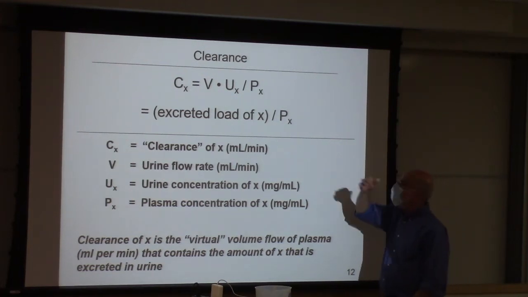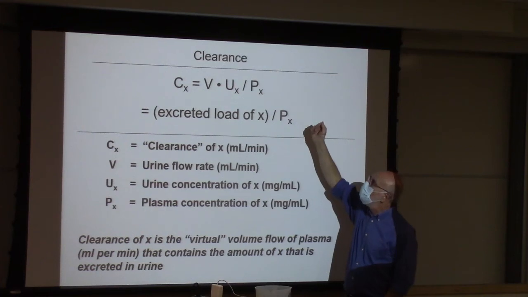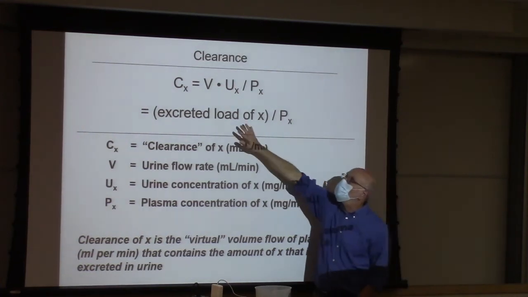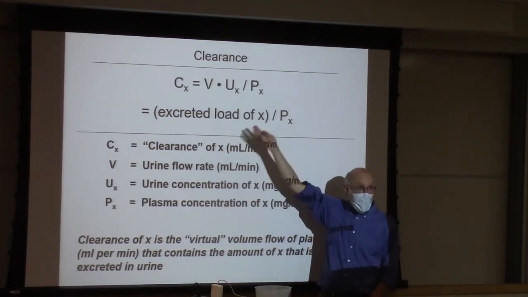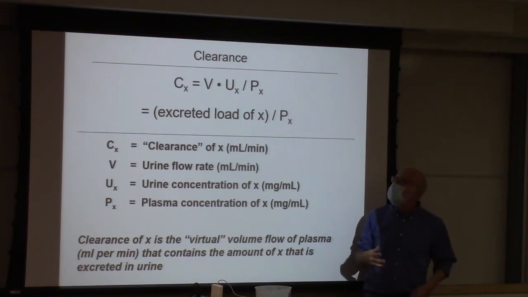Now we have to talk about something called clearance. Clearance is defined as the excreted clearance of X. So we always talk about the clearance of something. Clearance of glucose, clearance of sodium, clearance of water, clearance of acetaminophen. You always talk about clearance of something.